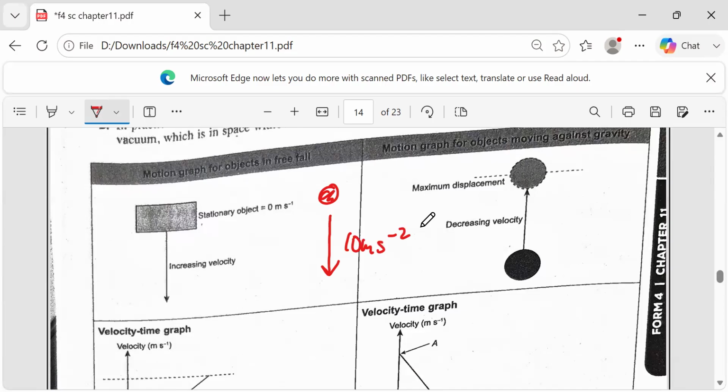The gravitational force pulling them down is always this. Okay, can? So anything that's going downwards, in free fall, its acceleration is always the same. It will get faster and faster. Like when people jump from a plane, do they go faster or slower? Faster. Yeah, it's the same reason. Can you answer? Okay.